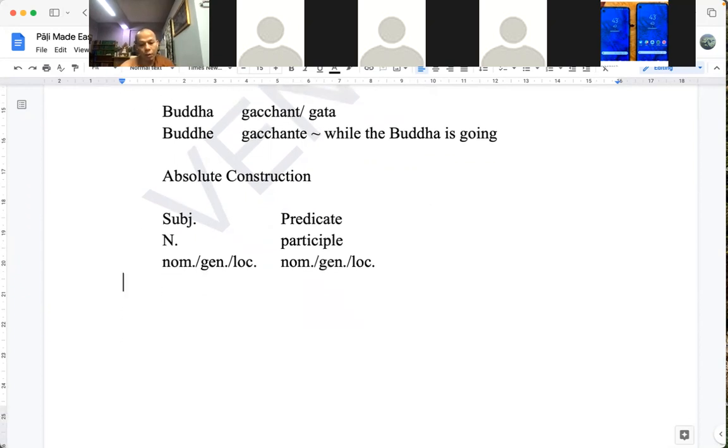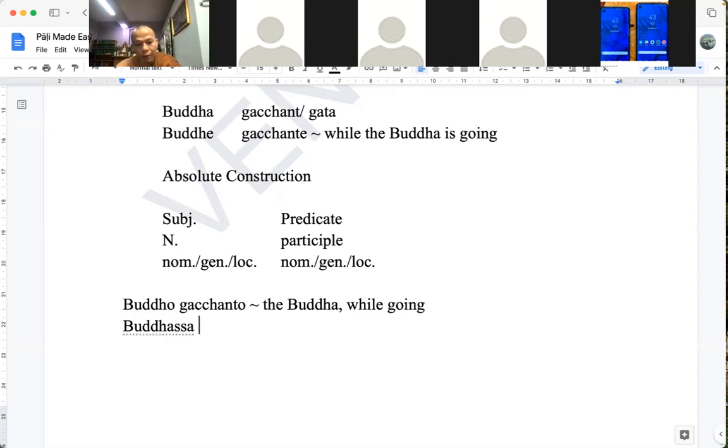So Buddho gacchanto: actually we understand it in this way, the Buddha, when going. That is the absolute sense. Also Buddhassa gacchantassa, that is also the same: the Buddha is going, the same as the Buddha when going, or when the Buddha is going.